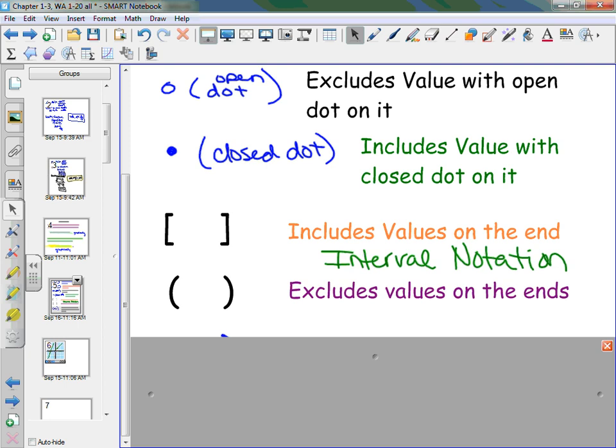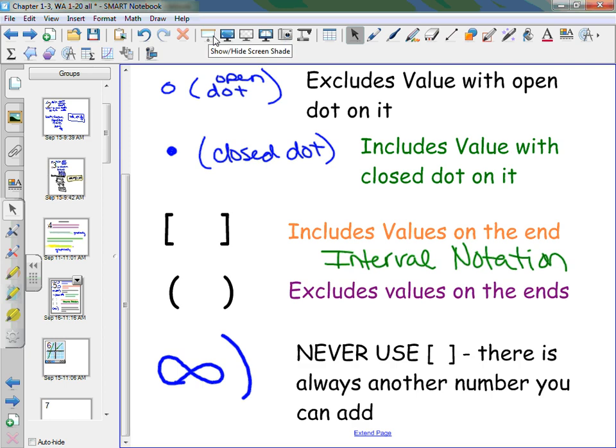Okay? Very, very important. And the last one, you never, ever close infinity with a bracket, because as soon as you close infinity with a bracket, what that means is it no longer has any bigger numbers in that. Do we get that, yes or no?